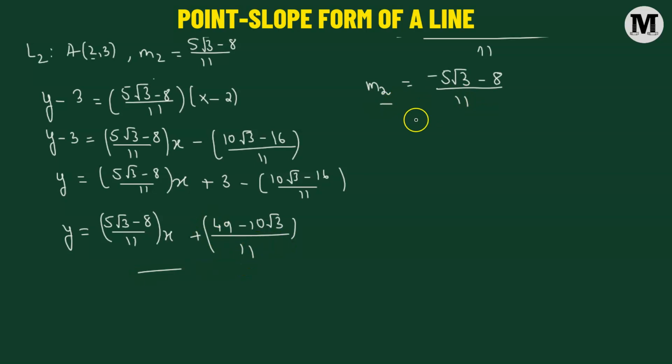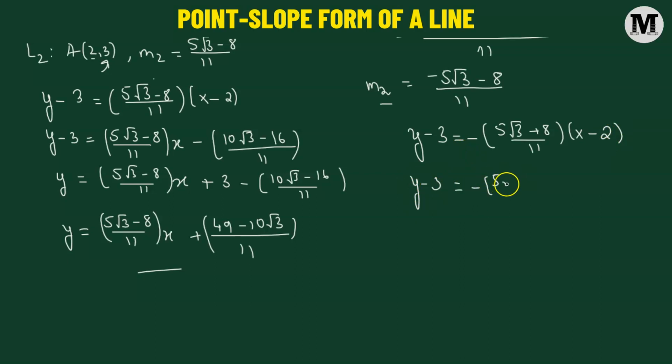And if we use slope m2, then we will have y minus y1. So y1 will be the y coordinate of A, that's 3, equals the slope, which is negative 5 times square root of 3 plus 8 over 11, multiplied to x minus x1. So x1 is simply 2. So we have y minus 3 equals negative 5 times square root of 3 plus 8 over 11 times x plus 2 times 5 square root of 3 plus 8 over 11.